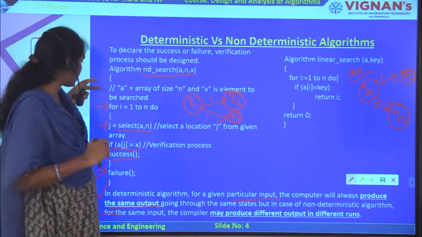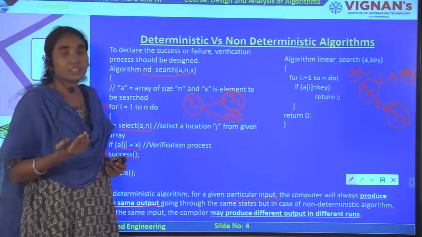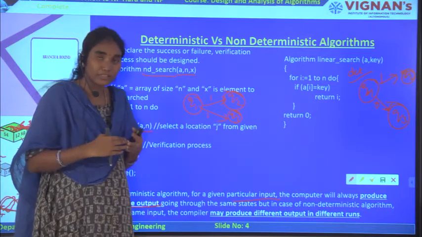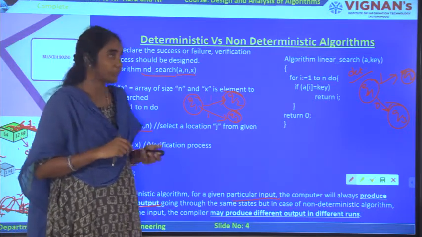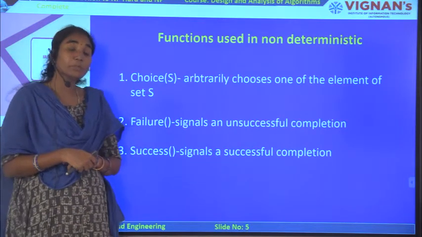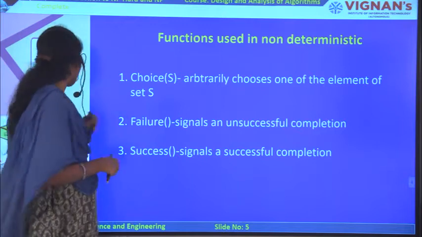So here I have used three things: select, success, failure, right? So let us learn what are all the functions we are using in order to write a non-deterministic algorithm. There are three functions basically we are using to implement non-deterministic algorithms. The first one is choice.